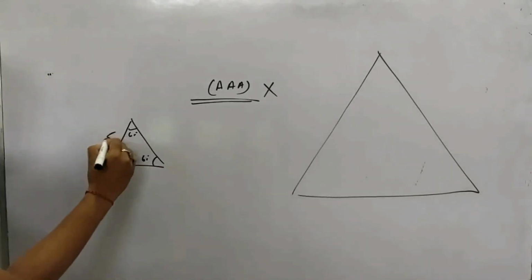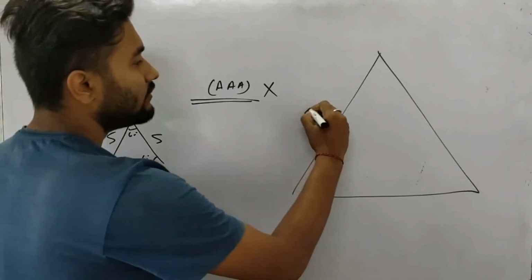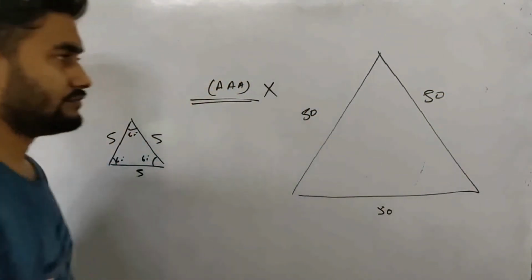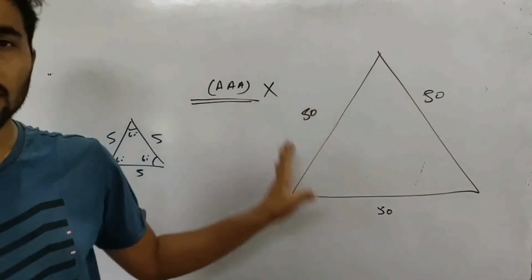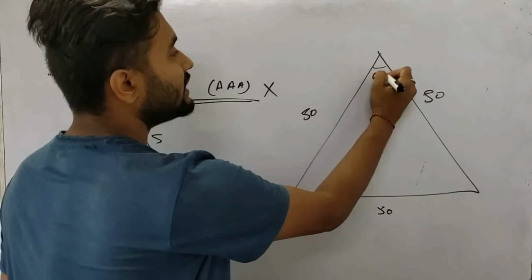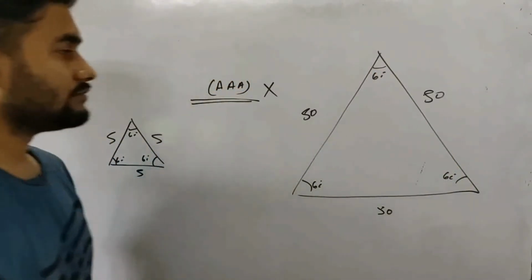Say over here the side is 5 centimeter, 5 centimeter, 5 centimeter. Over here the side is 50 centimeter, 50 centimeter, 50 centimeter. This is an equilateral triangle only. And if it is an equilateral triangle, then this will be how much? 60 degree, and 60 degree.